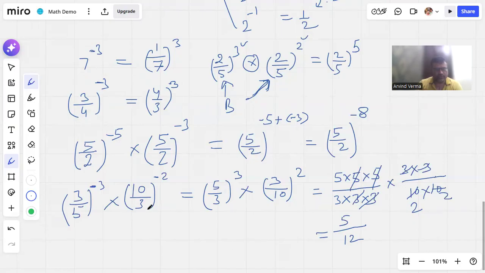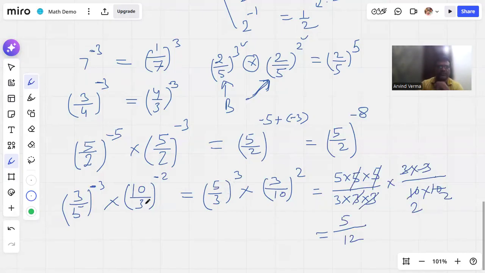Good to go. Let me recap this. For (3/5)^-3, we have to get rid of the negative sign in the exponent, so we reciprocate the base 3 upon 5 to 5 upon 3 and reverse the sign of the exponent, so 5 upon 3 raised to the power 3.